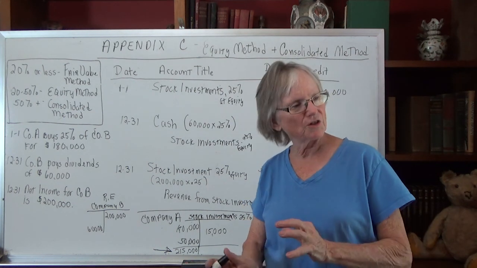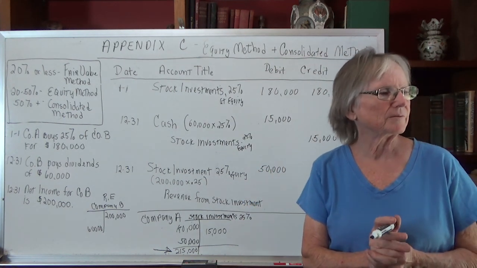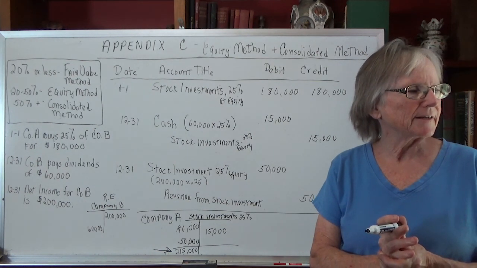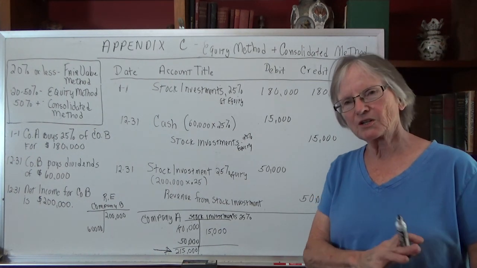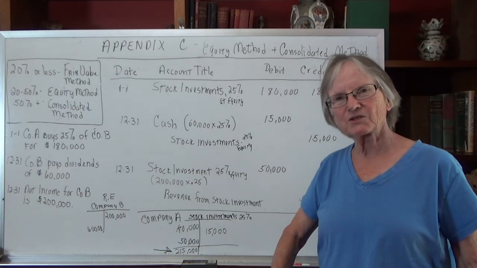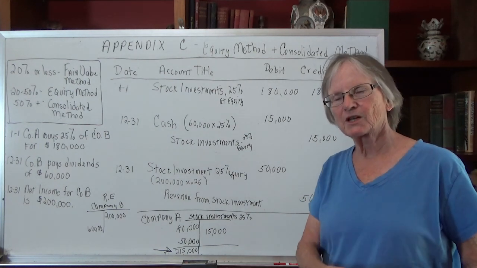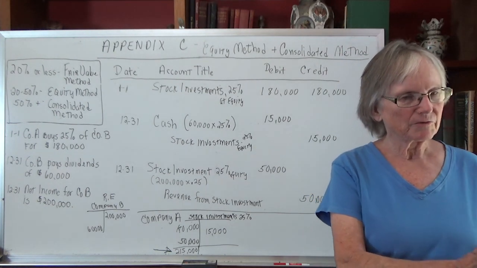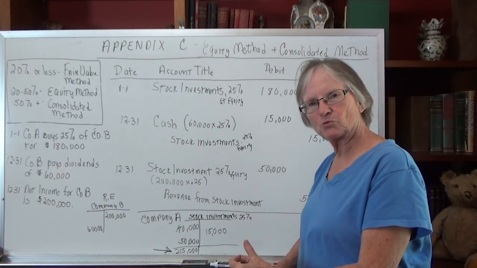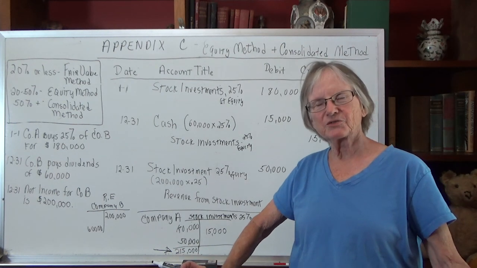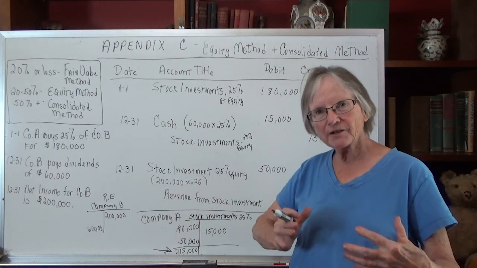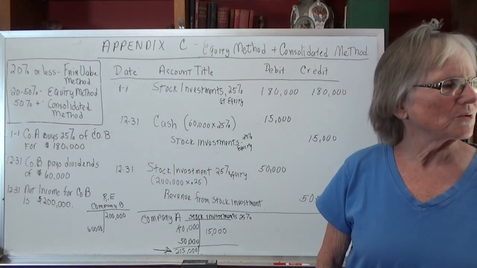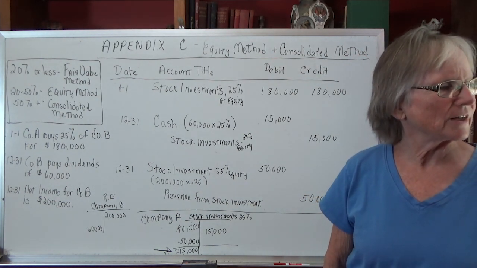So parent, subsidiary is how that would be referred to. And the subsidiaries all still keep their own books and everything, but when it comes time for the accountants to prepare the financial statements, all the results of the operations of all the subsidiaries that a company might own are consolidated into consolidated financial statements. Okay, so that's the consolidated method.